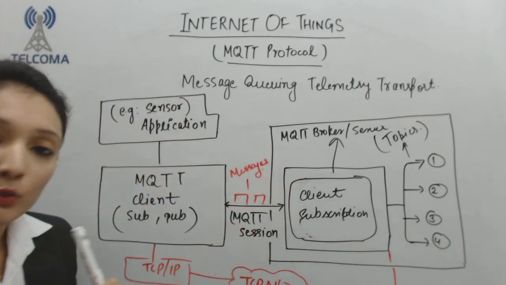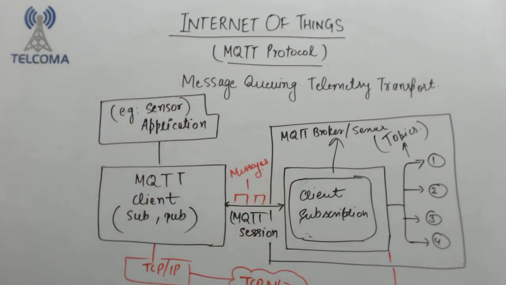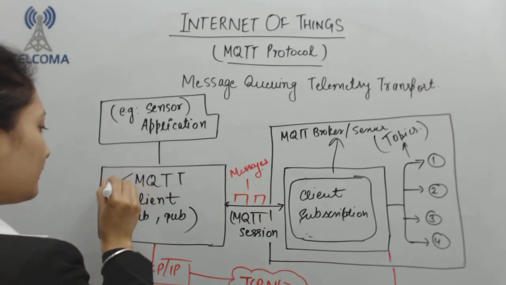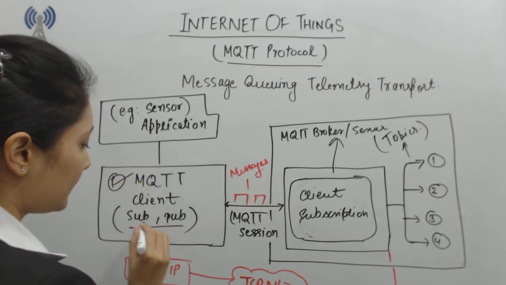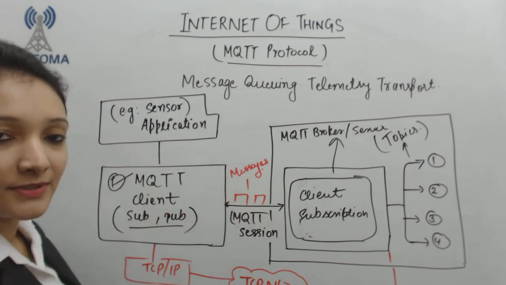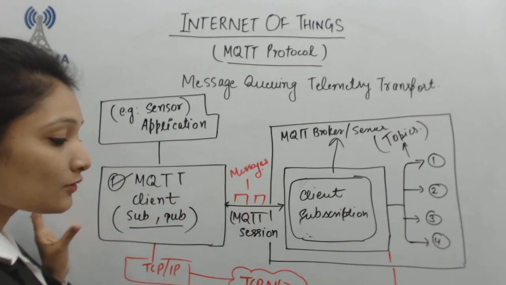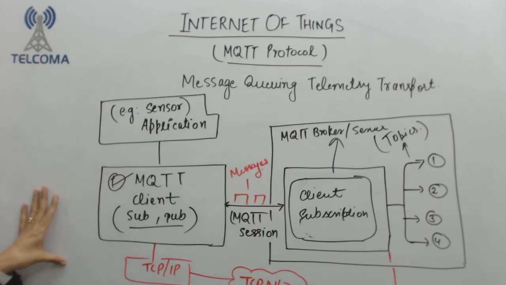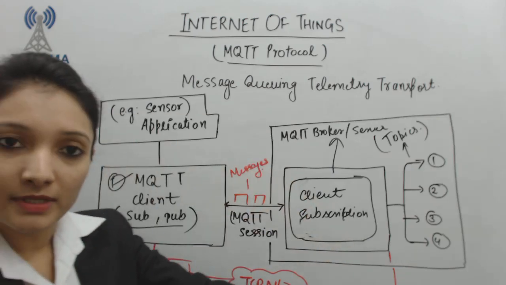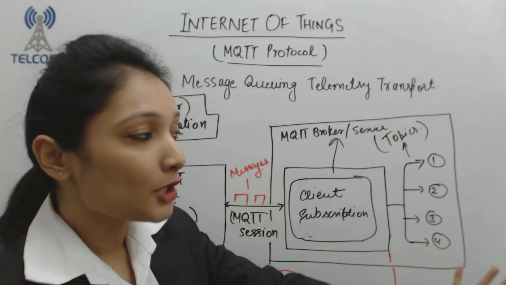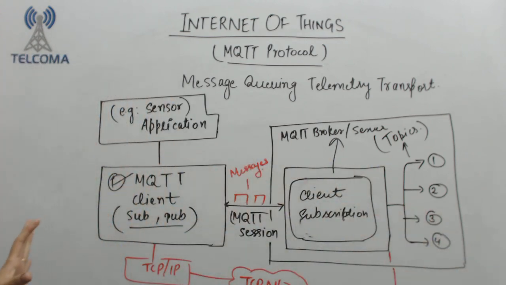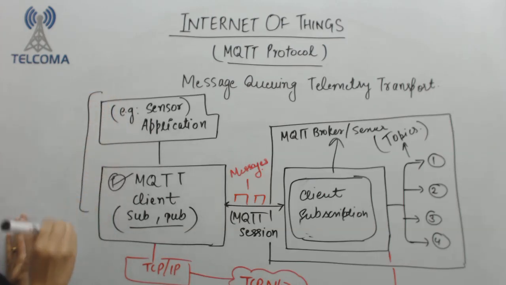My MQTT messages here. So first of all, I have the MQTT client, which consists of your subscribers and the publishers. So the MQTT client basically wants to send messages to the server and to receive messages from the MQTT server. So this is basically here in conjunction with the application.